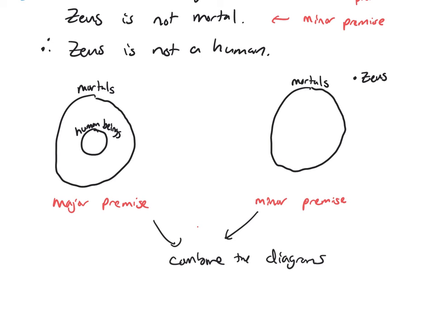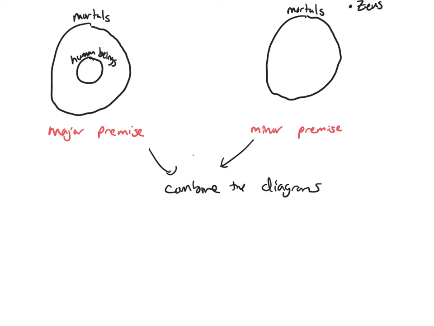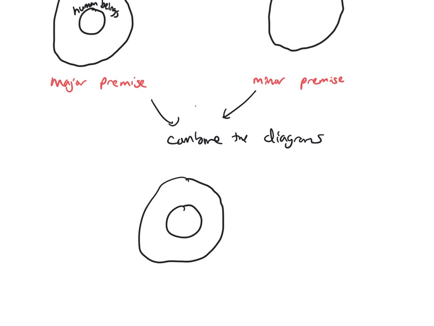Into one picture. So essentially, imagine you trace the second picture and you move it over to the first picture. And so what will you get if you combine them? You'll get our two circles with human beings, mortals, and then Zeus outside of the mortal circle.